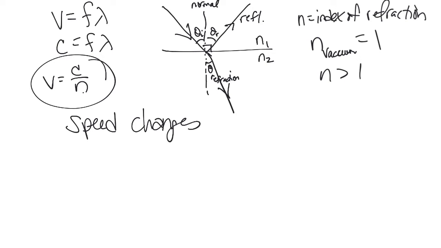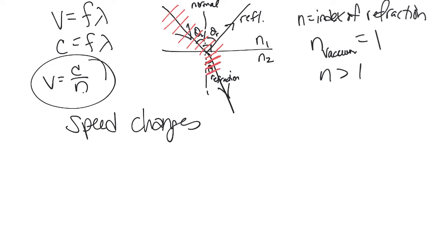Because the speed changes, the light will bend. You can think about it like a line of army people coming in. Let me change to a different color. These are the wave fronts, and they hit the boundary, and if they slow down, it's kind of like the army guys going through mud. I can't draw, guys.